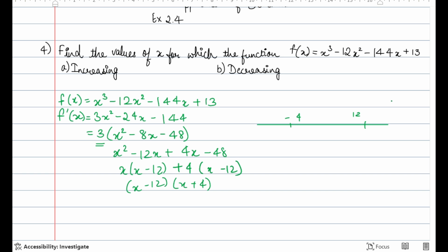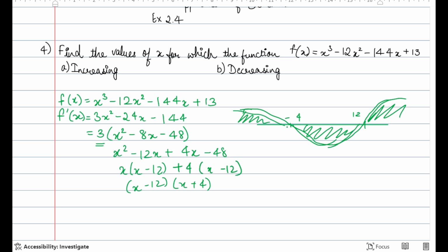On the rightmost part, it's going to be up and our wave goes something like this. In the areas where it's up, it's increasing. In the areas where it's down, it's decreasing.